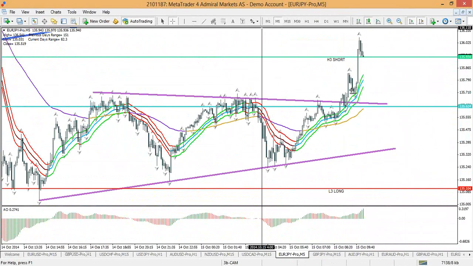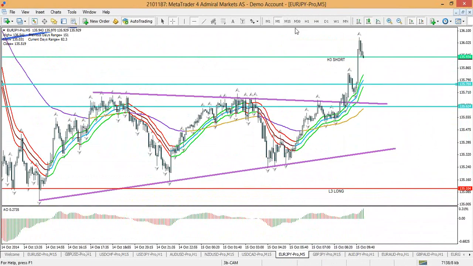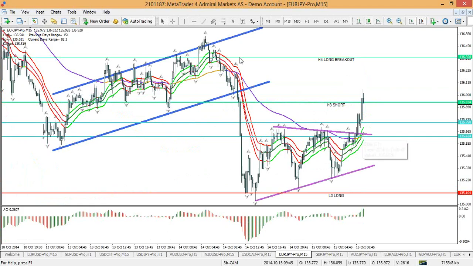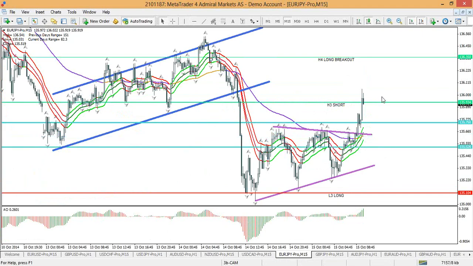So I'll keep an eye on this one together. Let's see if we get a bounce here, some kind of reaction to this zone where I have the two blue lines here. Anywhere in here, 135.50, 135.75, 135.50.